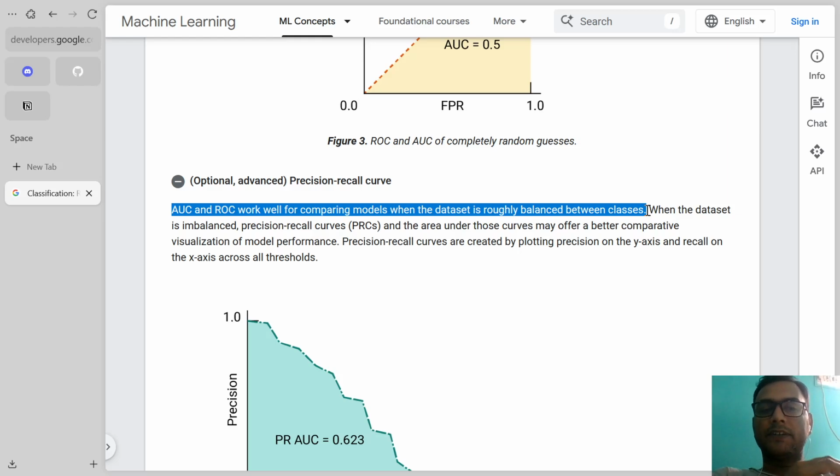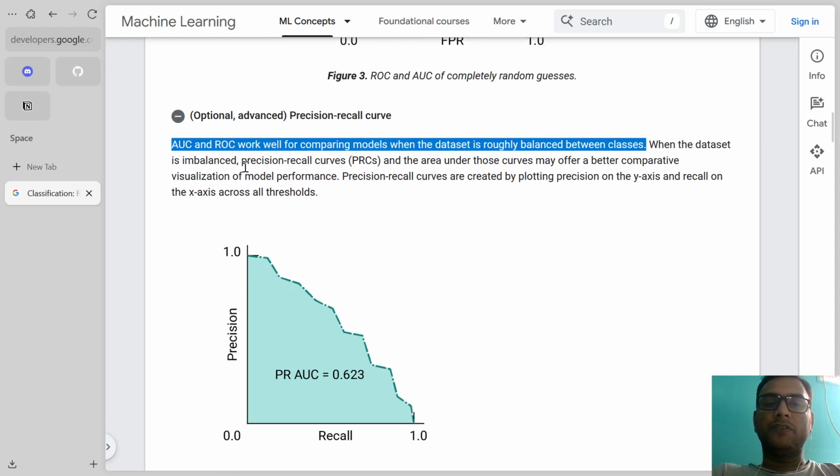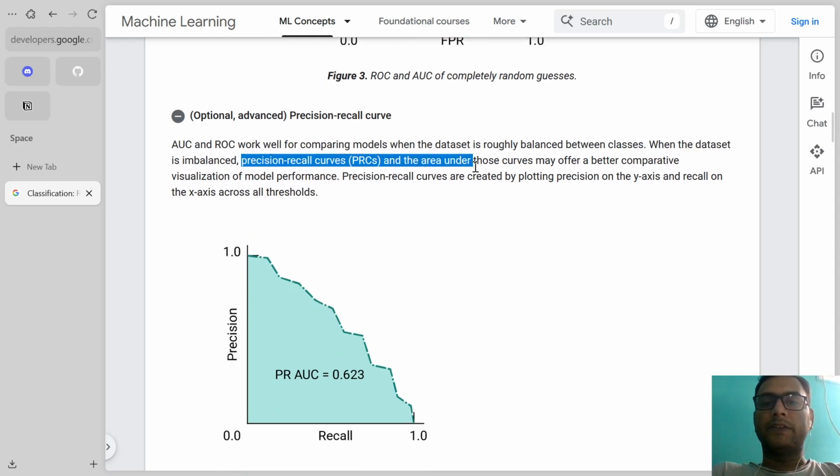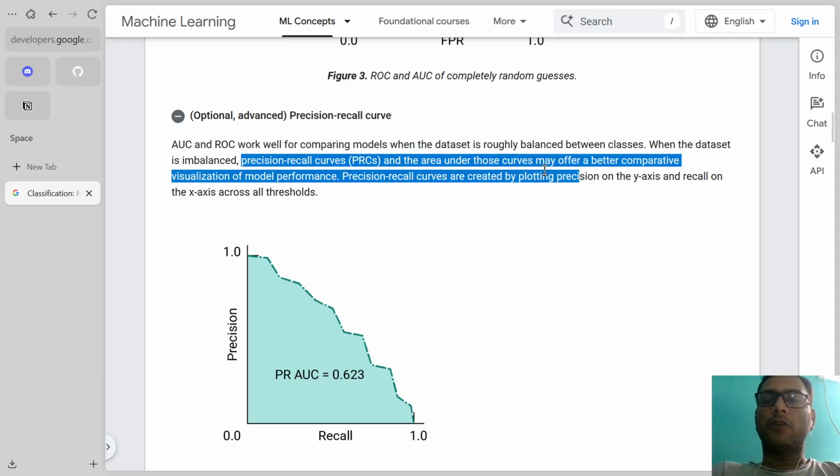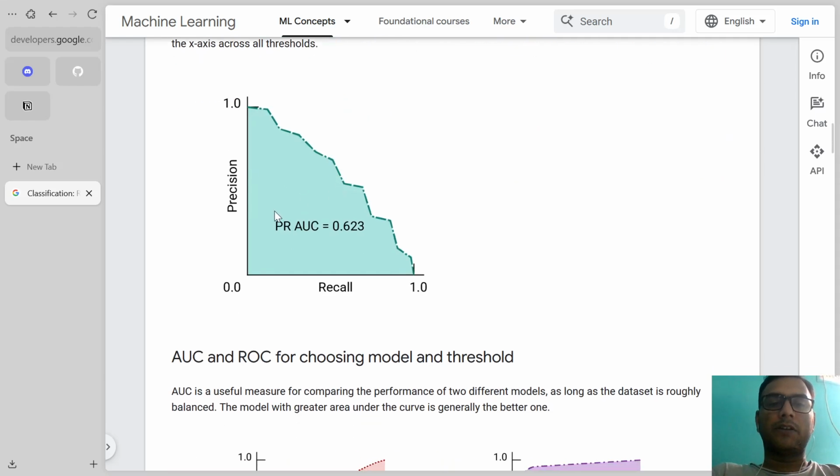But when the data set is imbalanced, there is another metric called the precision-recall curve, and the area under those curves may offer better comparative evaluation of the model performance. So this is PR AUC, precision and recall. What is the area under this?